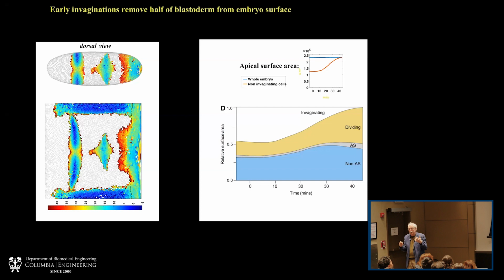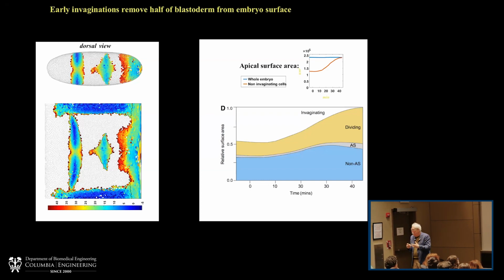So that's going to be the idea of this talk, that we have this extraordinary embryo, a fly embryo. All embryos are extraordinary, but extraordinary that over a short period of time it does these morphological transformations. And we want to understand as deeply as we possibly can what are the driving forces, how does this actually occur?